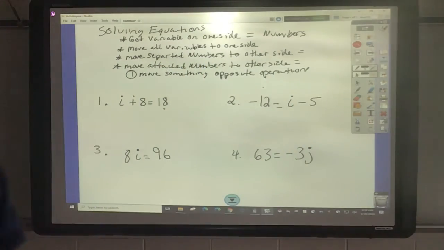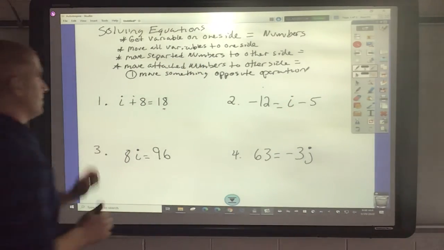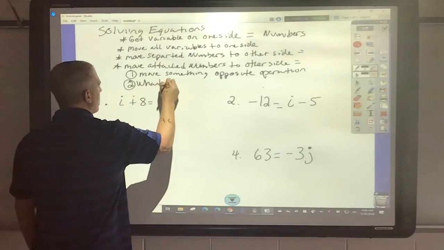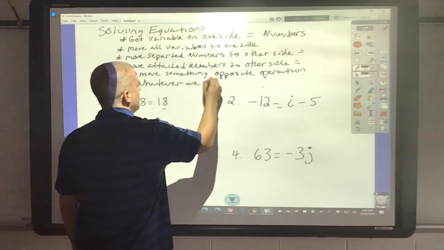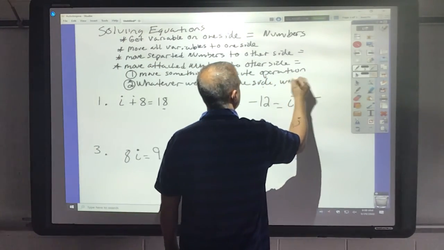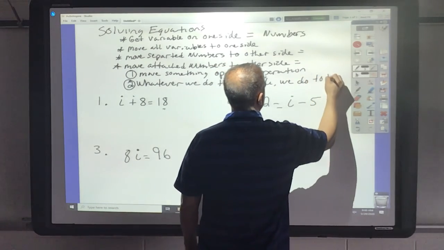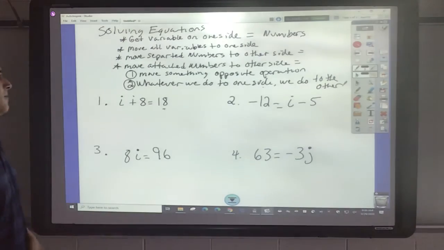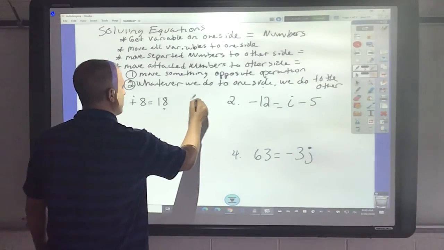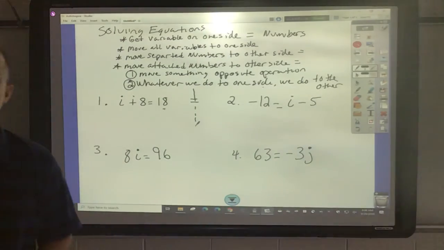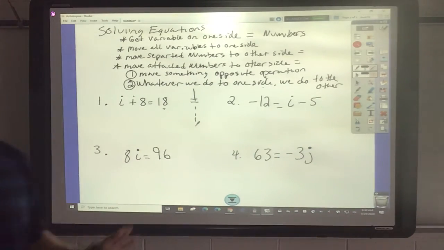The second thing we want to do is whatever we do to one side, we do to the other. From my perspective, this equal sign is like a wall or a fence or something of that nature. So we can't cross over unless we do something.